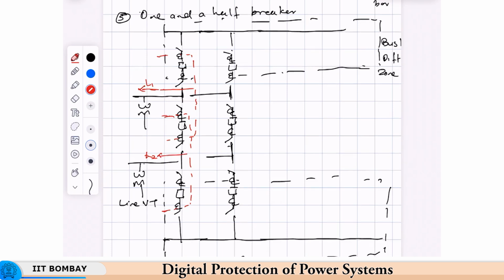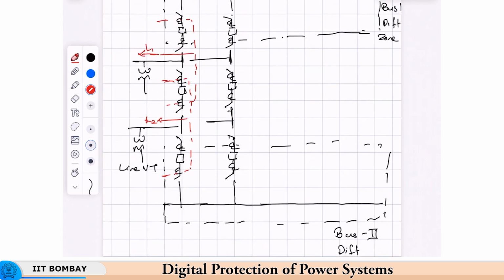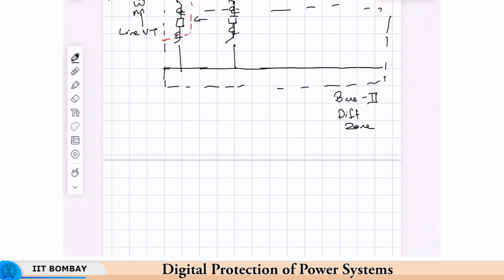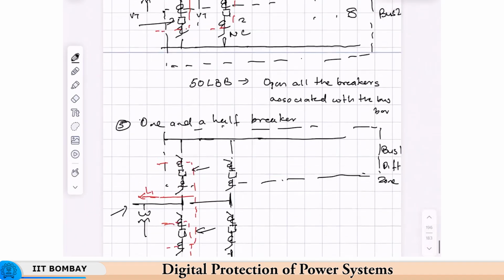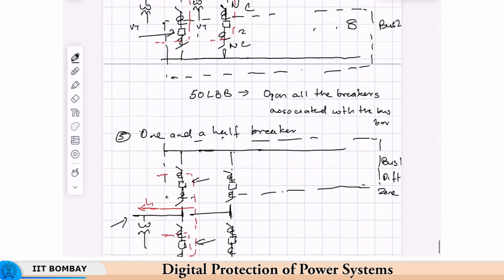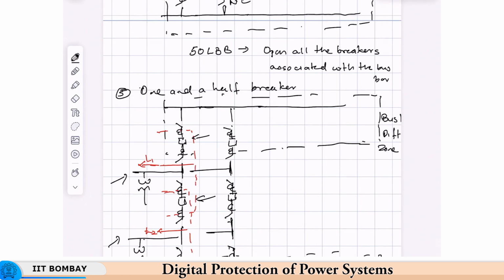The advantage of this is, as you can see, between these two feeders L1 and L2, we have got 3 breakers, 1, 2 and 3. So, we have saved the cost associated with one circuit breaker, which can be substantial at extra high voltage levels. In both double bus double breaker and 1.5 breaker, you can take a breaker out for maintenance without affecting the continuity of the supply.